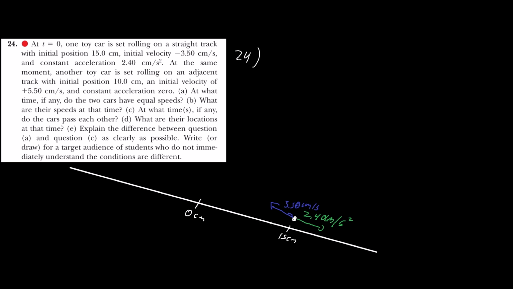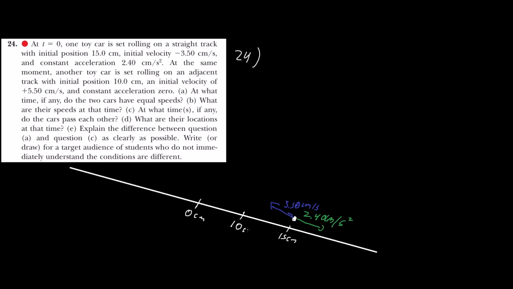So this is some initial velocity at 15 centimeters. At t equals 0, this object is going to travel with some initial velocity in this direction, and then it's going to come back down to roll again.